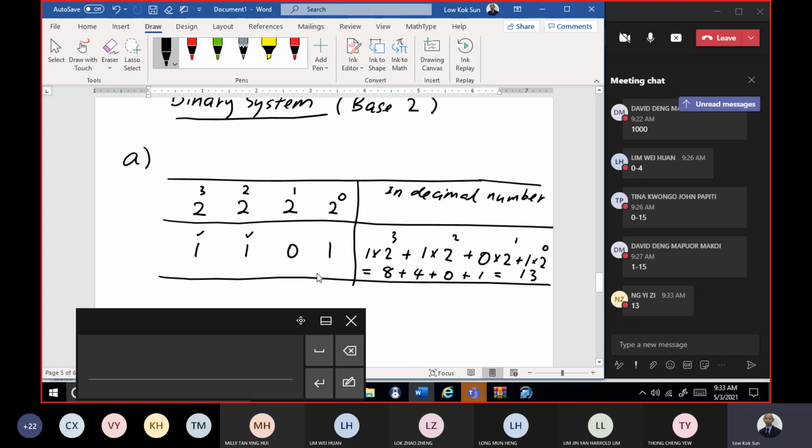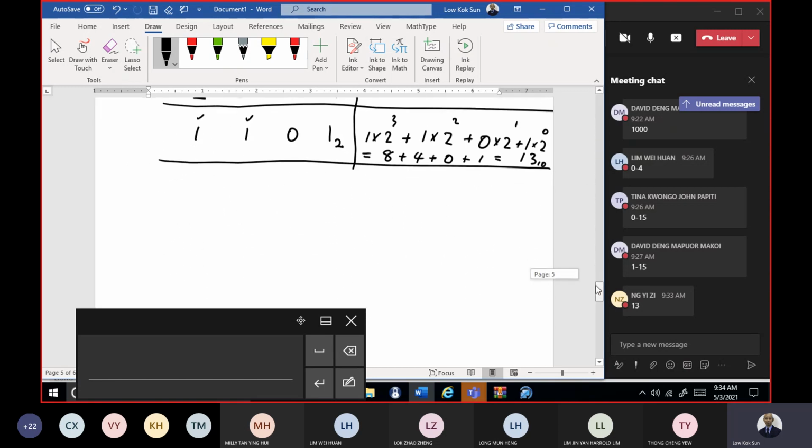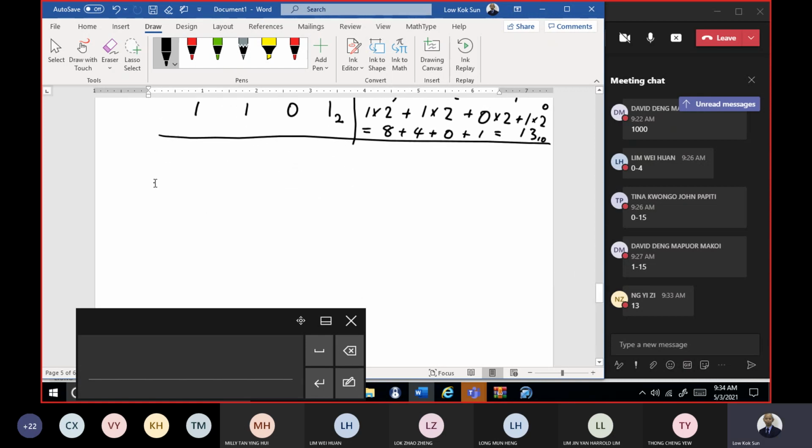So in order not to confuse people, whenever the number is base 10, we can put 10 as a subscript, and this is base 2. We put a small 2 so that people are not confused. People will not think it's 1000 something, because it's the decimal number. We put a small 2, a subscript, to tell people the system. So we can do some exercise now.